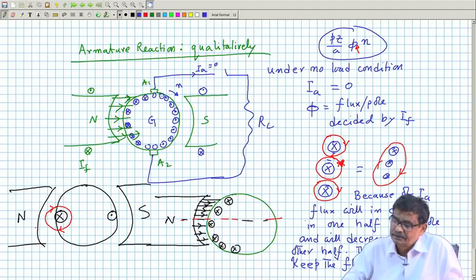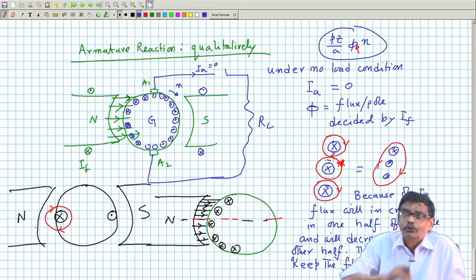In fact, since the increase in flux per pole in one half will be less than decrease in the other half, net flux per pole will suffer a loss of value. Therefore, the induced voltage itself will become lower compared to no load condition.